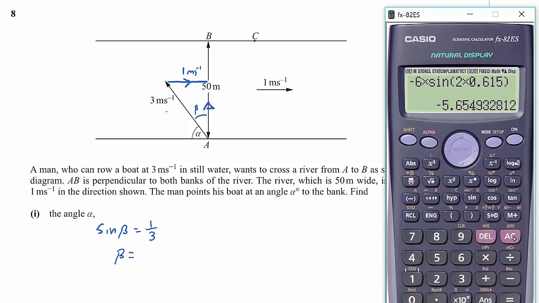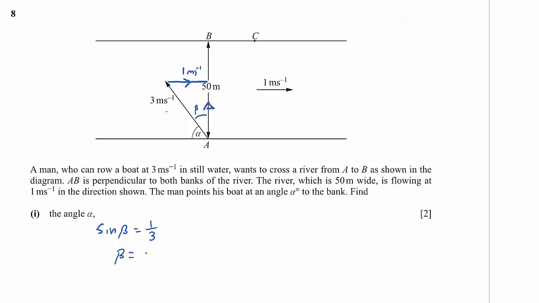And so we can find beta. Now my calculator from the last question is in radian mode, so I need to pop it back into degree mode. And I'm going to do the inverse sine of 1/3. And that's 19.47 degrees.